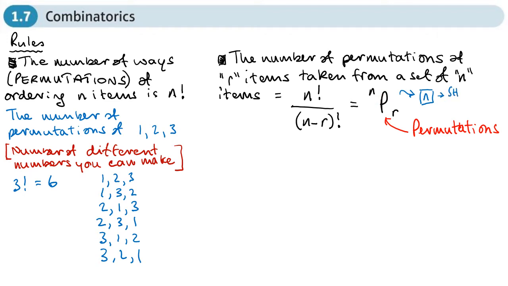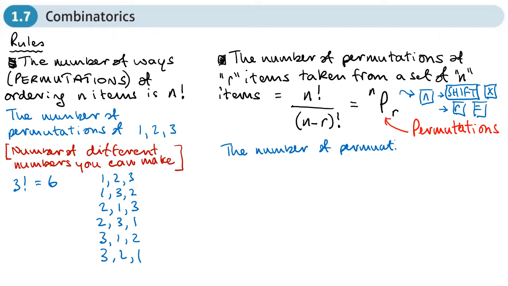Now to access it on your calculator, you'll need to type in the value of n first. Then you'll do shift and the times button. So shift followed by the times button. It's above the times button, and then you'll type in your value of r and then equals to give you that value. Okay, so here's an example.